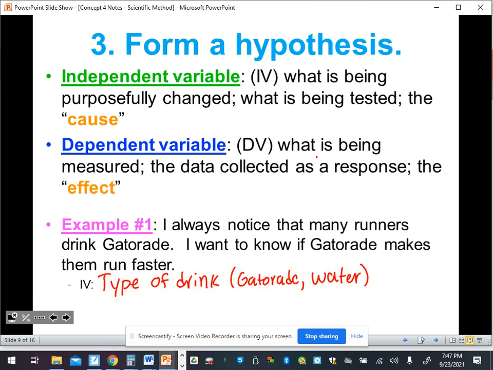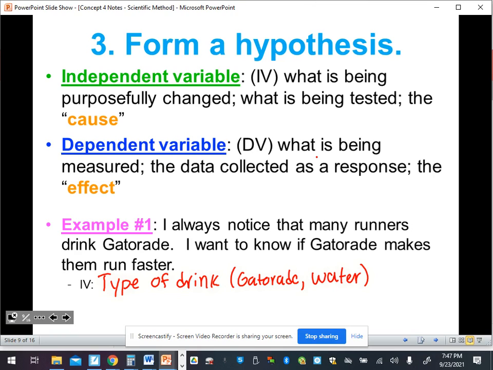So we'll talk about why do we have water in the first place? If I just want to test if Gatorade makes them run faster, maybe you already have an idea. But why would I need to test water too? We'll talk about that a little bit more on the next page here. So our independent variable, what are we changing?